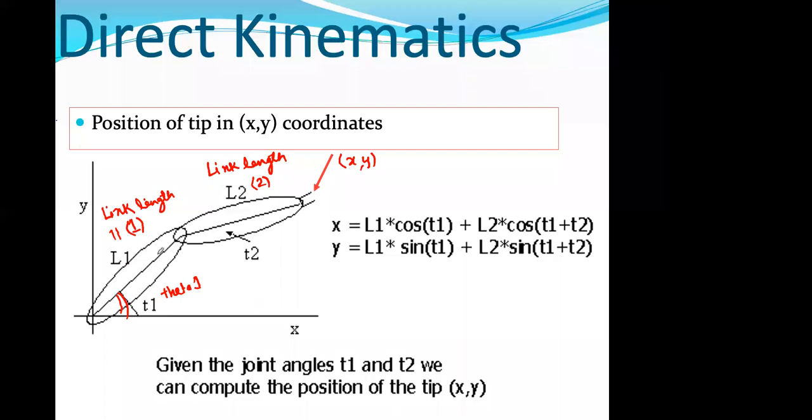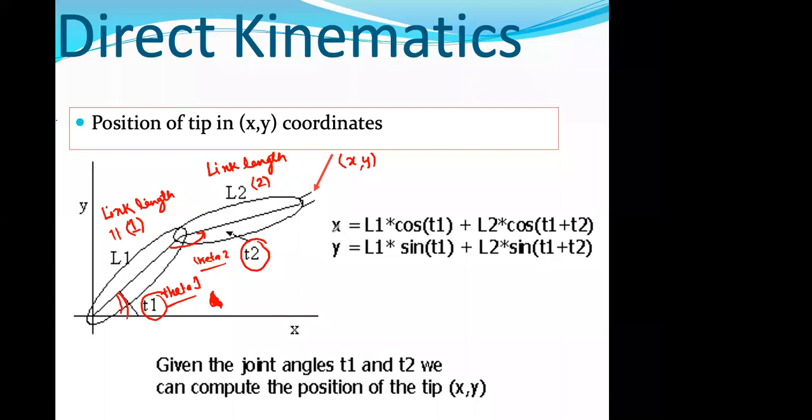Okay. The second angle is here. This will be theta 2, and this is theta 1. You can take it this way because the angles are given as theta 1, T1 and T2. So this is your T2 and this is T1. So theta 1 and theta 2.